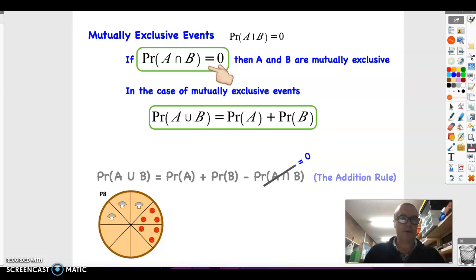If the probability of the intersection is equal to 0, then we would say A and B are mutually exclusive. Down here we can see the addition rule, which is a general case for any 2 events. So if this part of the rule is equal to 0, it leaves us with a simplified addition rule. So in the case of mutually exclusive events, the probability of the union of A and B is the probability of A plus the probability of B.